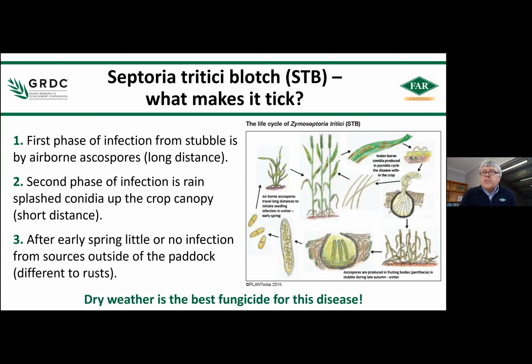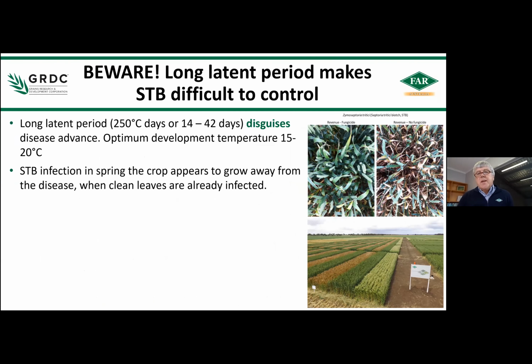As an advisor, though, one of the key things to remember with this disease is it's got a very long latent phase. And that long latent phase tends to disguise the advance of the disease.